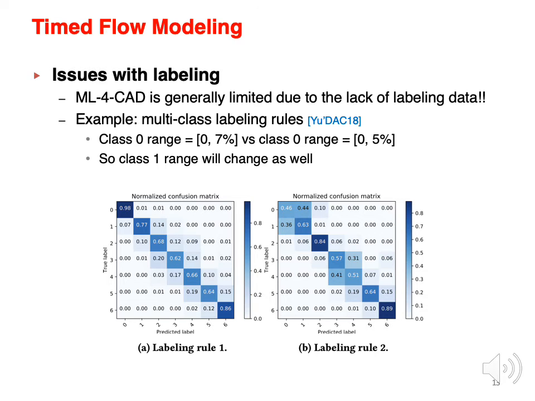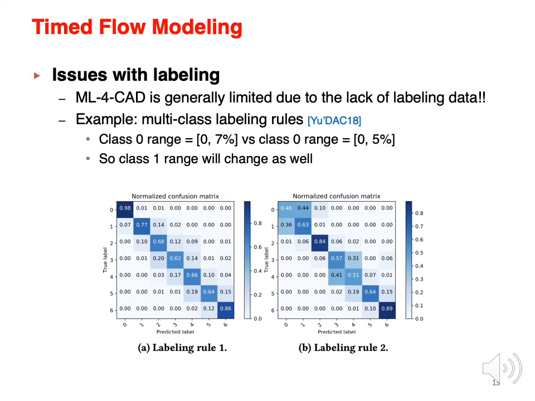Notice we are only interested in the top flows, which is class 0, and the accuracy of estimating class 0 is the most important one. Unfortunately, we can see that the second labeling rule is only 46% in terms of accuracy, but the first one has 98% accuracy.